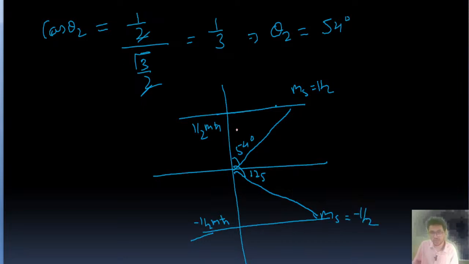Okay, so we can join this like this. So this is the space quantization, and this is the figure. Okay, I hope guys you have understood it.